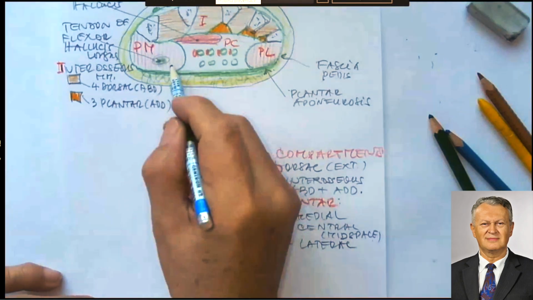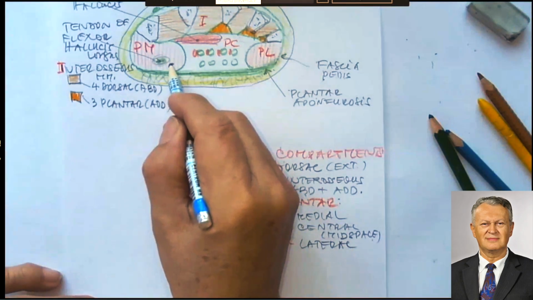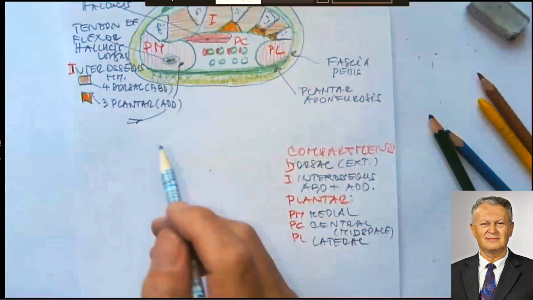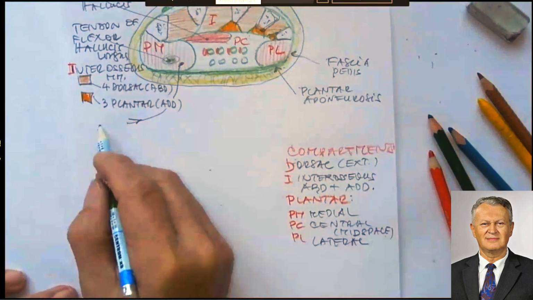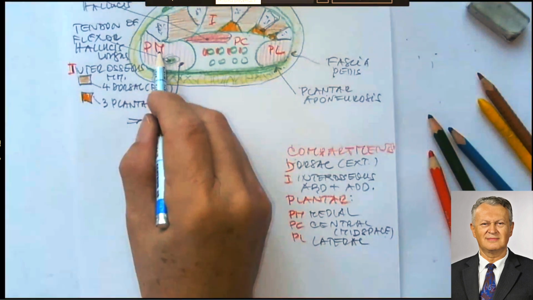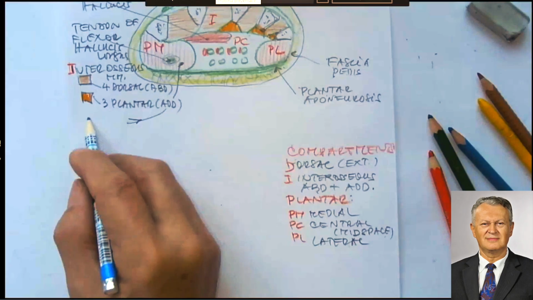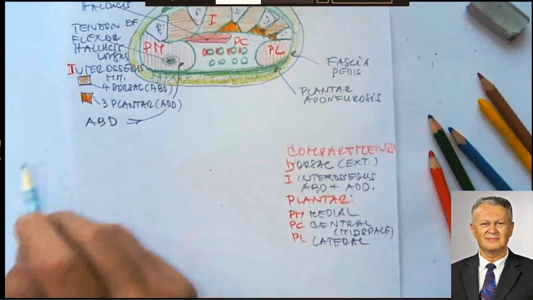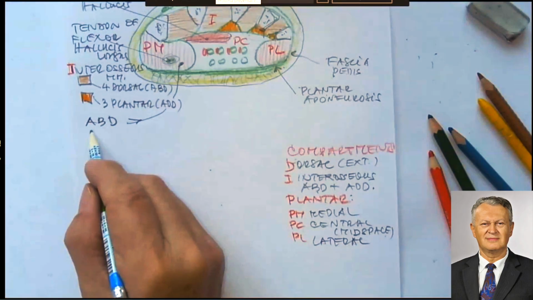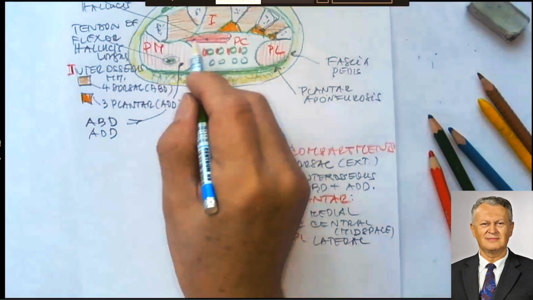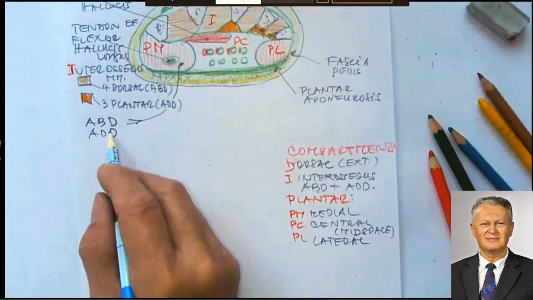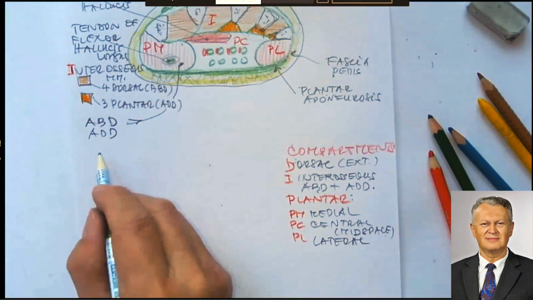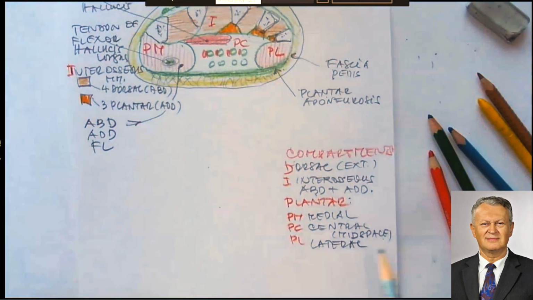Maybe we could add just a row saying that this medial space contains simply three muscles: abductor, adductor, part of this one, and flexor pollicis.